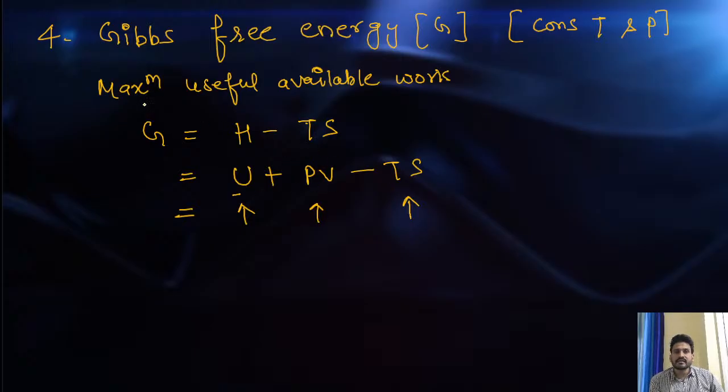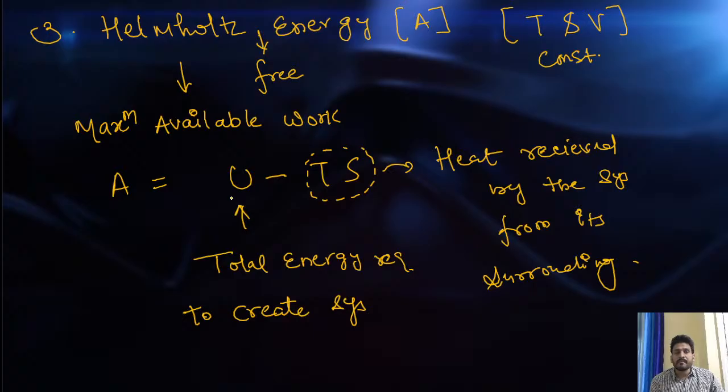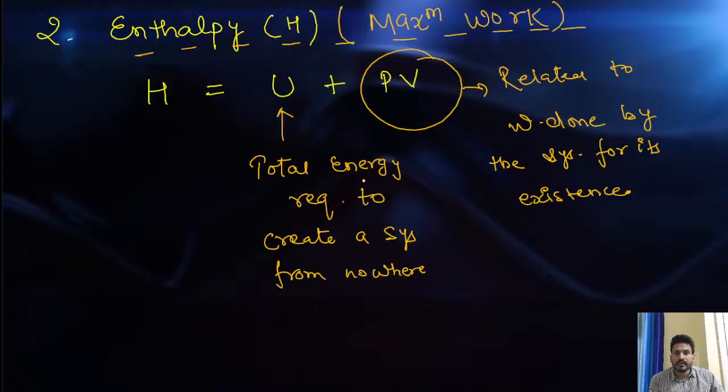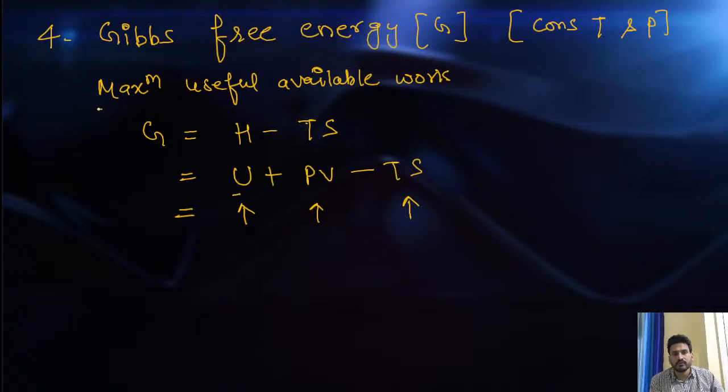So Gibbs free energy is the maximum useful available work. In terms of availability, how much work we have, but out of which, what maximum work is actually available for the work. This is the amount U minus Ts. That's why it is called maximum useful work. Okay, is it clear to you?